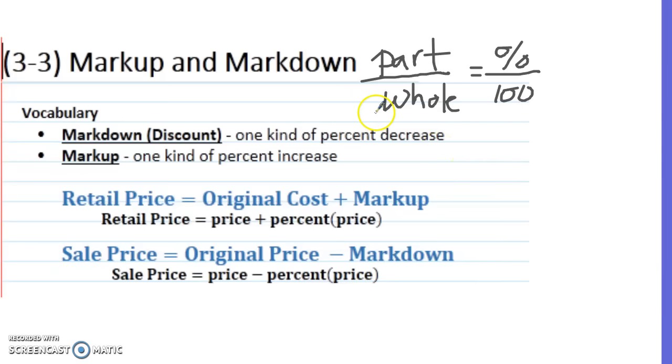With the markup, it's one kind of percent increase. So you did your percent proportion and then you added at the end. So if we had a markup, we would do the percent proportion and then add. So in this case, the markup would be the part.